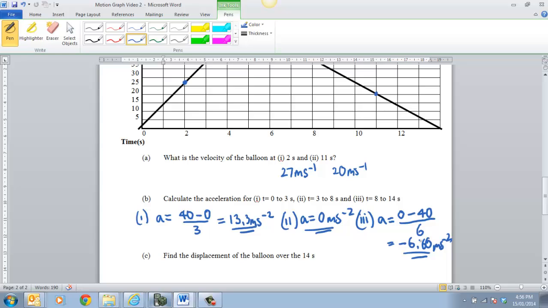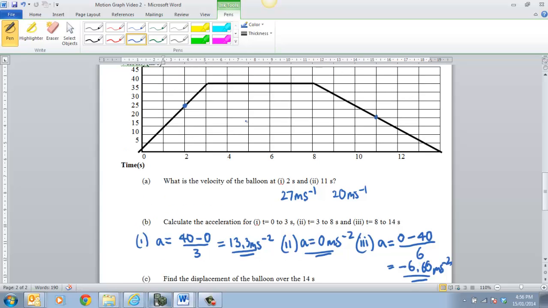Find the displacement of the balloon over the 14 seconds. So the displacement is in fact the distance it's travelled from the start to the finish. Right, so if we close our eyes, it's at 0 when we start, we've been away for 14 seconds, we open our eyes and we're at 0 again.